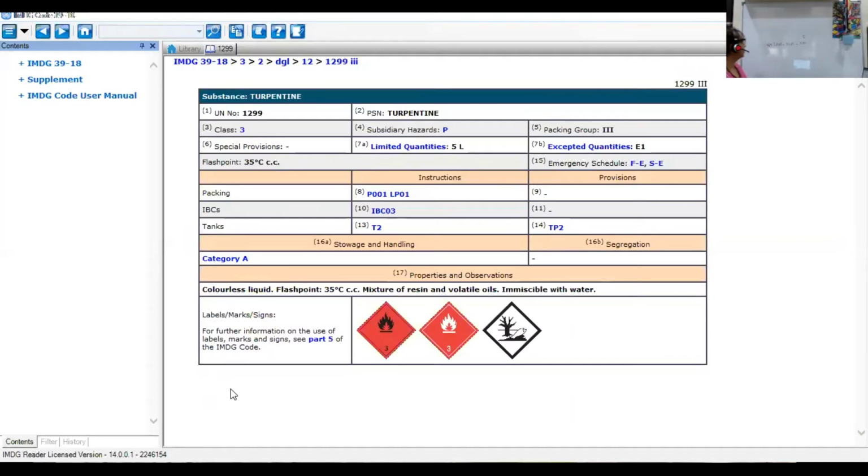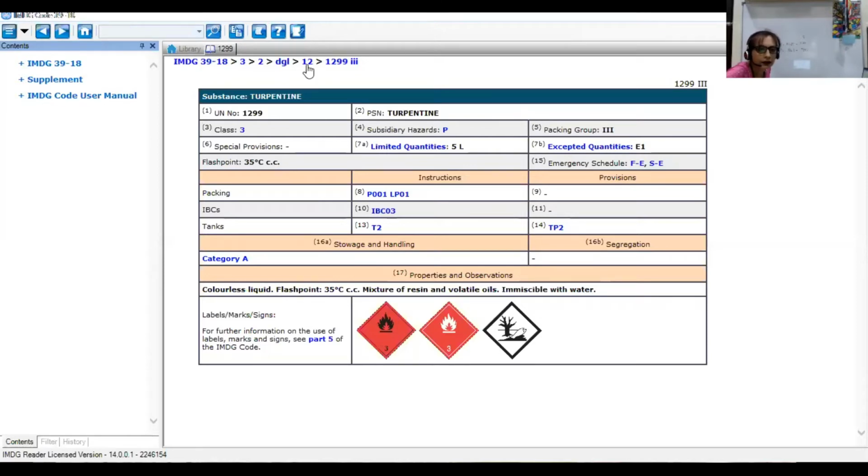And then I look at column number 8. Again, I'm very happy. What PG is this? This is a PG3. All right, not so great, but never mind. P001. And I'm not done yet. I still have a few products that I produce. The other product that I produce is UN 2241.